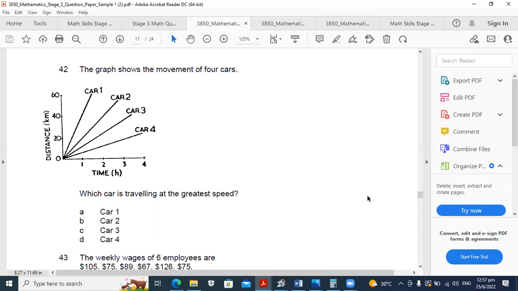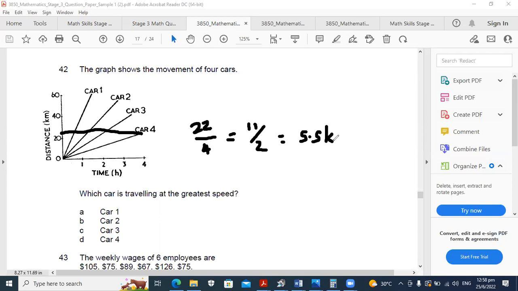Sir, car 1. All right, fair enough. If you look at car 4, car 4 is about 22, traveling about 22 divided by 4. That's 11 over 2, that's 5.5 kilometers per hour. That's car 4. But look at car 1 now.